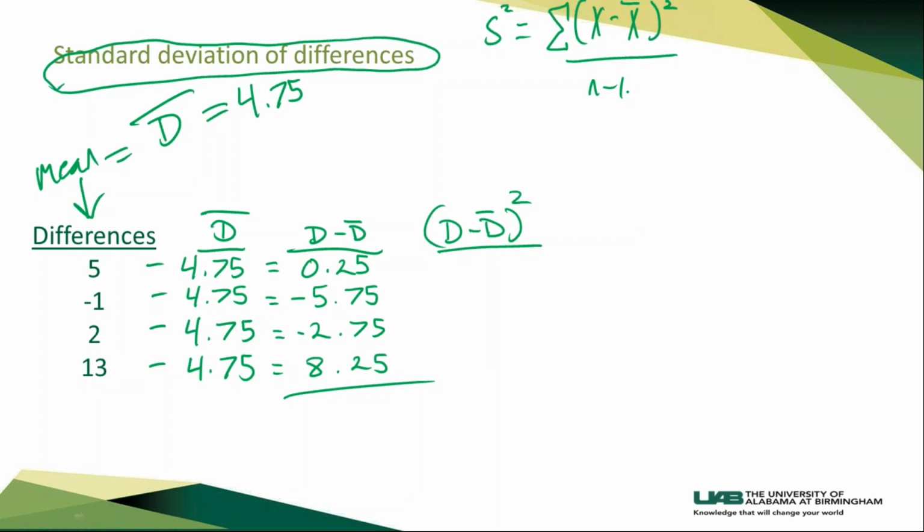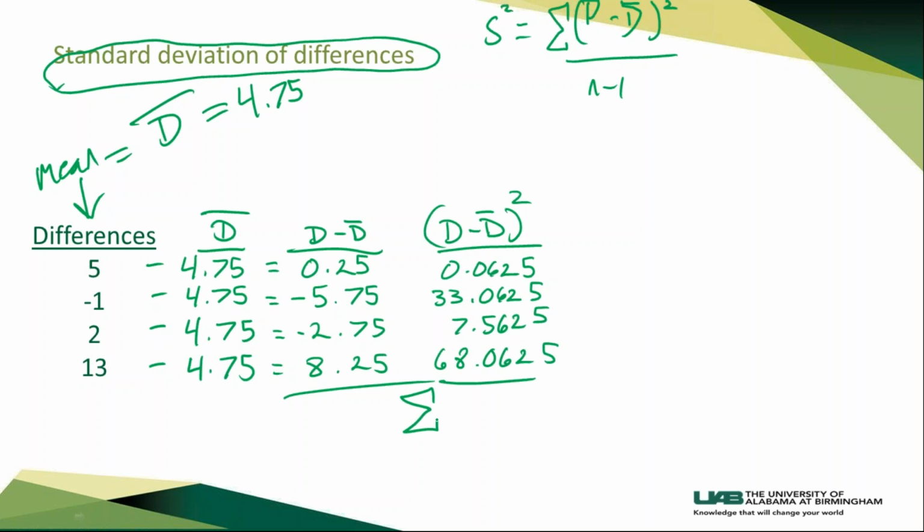But this time, instead of x and x bar, I'm just using d and d bar. So when I square these differences, I get these values. So now I want to add them up. So the variance of my differences, so that D is just going to stand for differences.